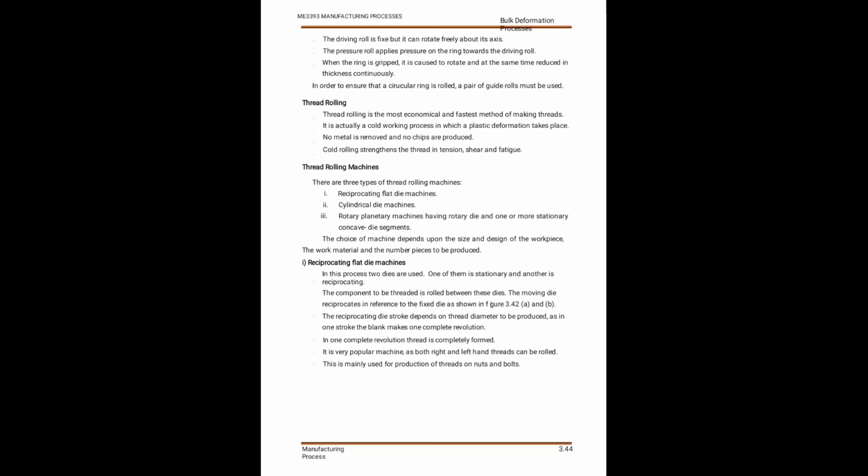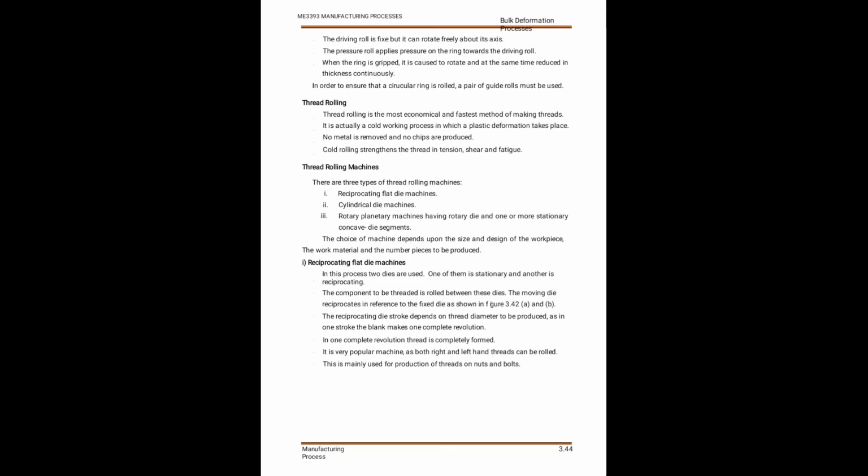Cold rolling strengthens the thread in tension, shear and fatigue loading. Thread rolling machines include reciprocating flat die machines, cylindrical die machines, and rotary planetary machines having a rotary die and one or more stationary concave die segments.